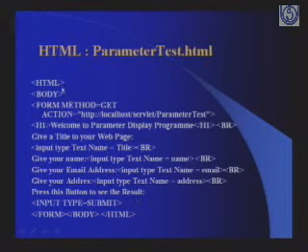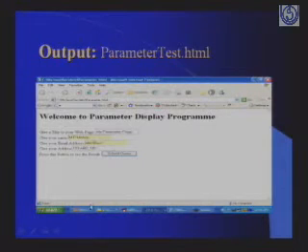So now let us see how this HTML form will look in the browser. This form will look like this. Give the title to your web page. Now I am changing the value here, I am giving my parameter page.